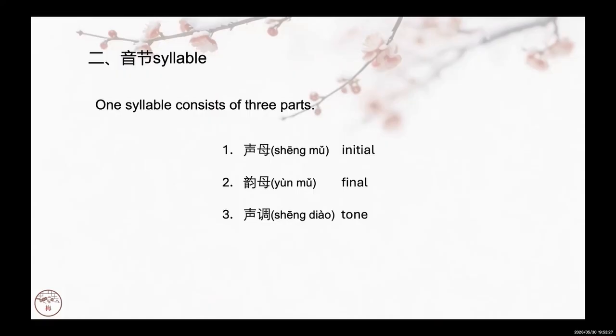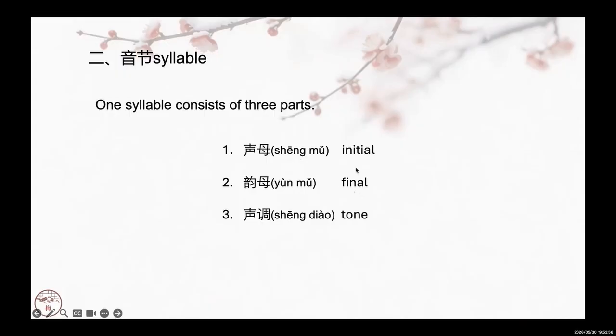And what makes up a single syllable? There are three parts. The first part is initial. Literally, it means it comes at the beginning. Initial, 声母. The second part is final.